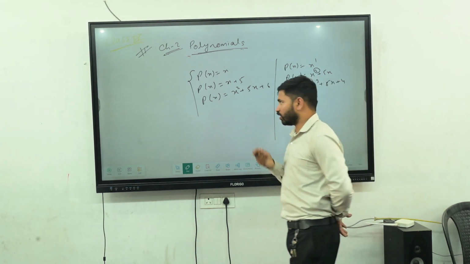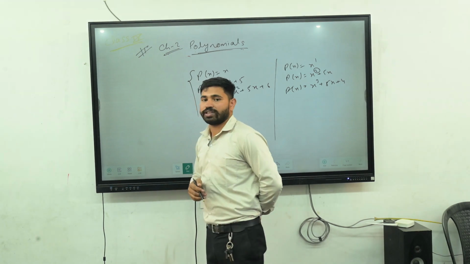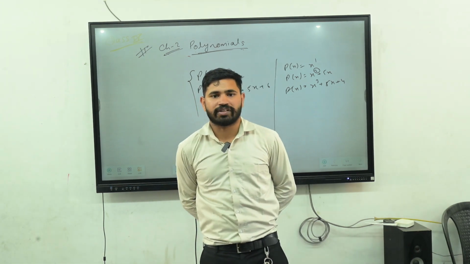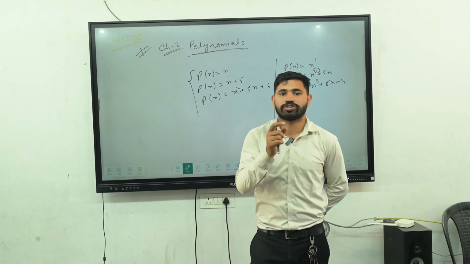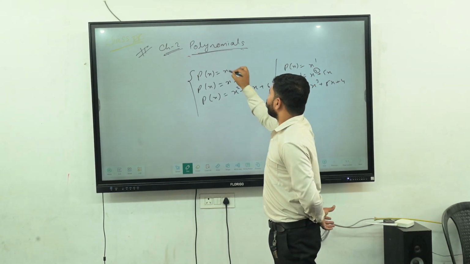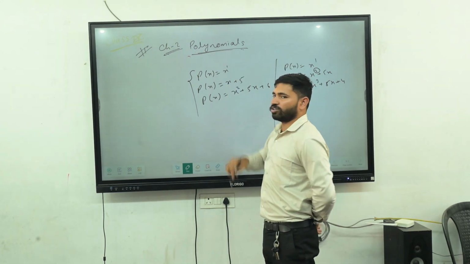Okay, and also degree. What is degree? The highest power of the variable in any algebraic expression, that is any polynomial, is called its degree. See, the power of the variable x is 1, so the degree of this polynomial is 1.